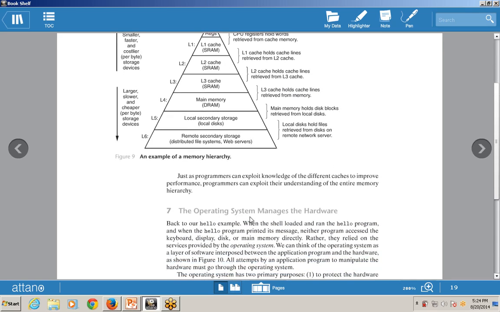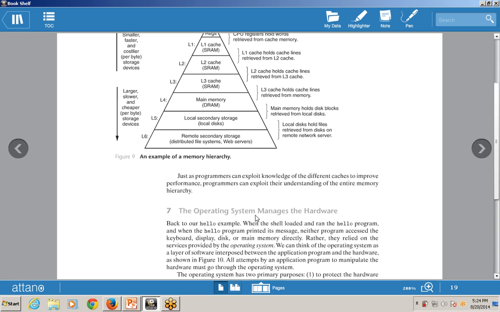Then we also talked about the operating system, that manages the hardware. As I told you in the earlier classes also, the operating system acts as a mediator between hardware and the user. So whenever a user wants to use the hardware, he or she may do so with the help of the operating system.